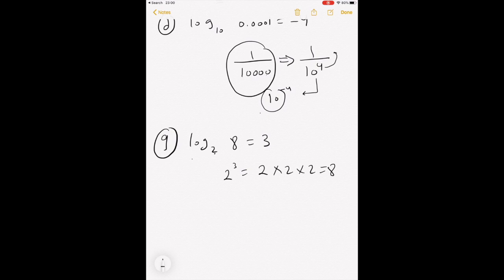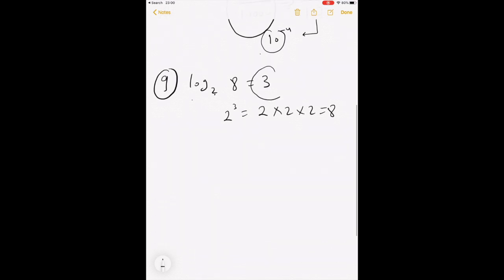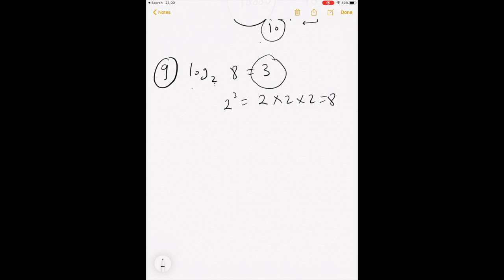So the answer for that one is 3. So log 8 to the base of 2 is 3. Let's look at i. In this case, you have log to the base of 2 of 1. So 2 to the power of something gives you 1. And always when you see that, straight away you should put 0, because 2 to the power of 0 gives you 1.